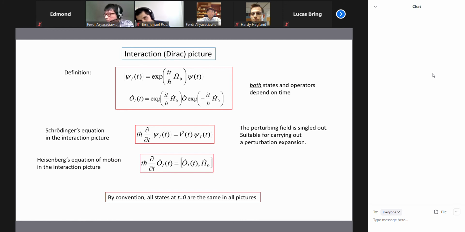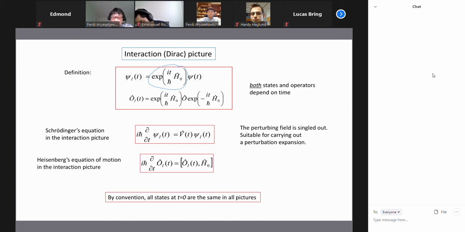So let's start with a definition of the interaction picture. So it's defined here. So this is a unitary transformation. So we have a unitary operator. So if there is no perturbing potential, then this is just like the Heisenberg picture, because it rewinds the state back to time t equal to 0.